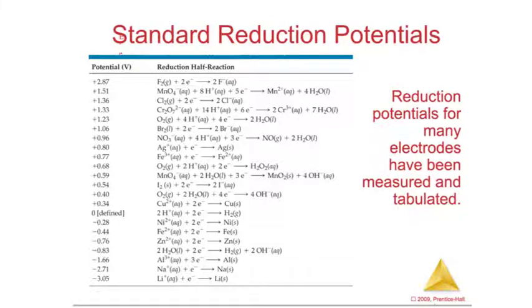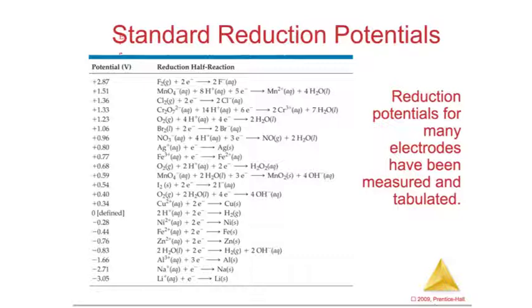Here we have a table of standard reduction potentials that have already been determined for us. And since every voltaic cell involves 2 half cells, it's not possible to measure the standard reduction potential of a half reaction directly.